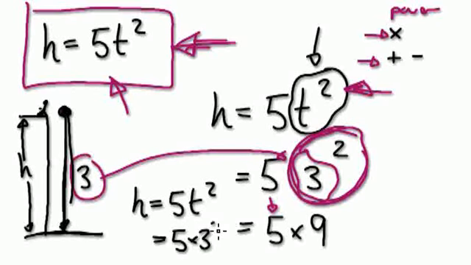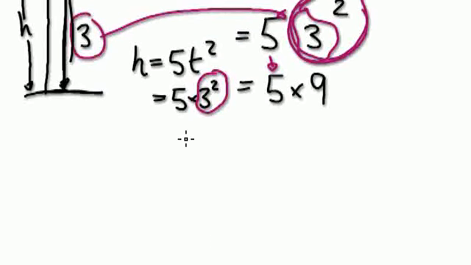Well, there's a times here, and then we've got to square the t. Can you see that? We're putting the 3 into the t. So now we've got to work out this bubble first, because powers is more important than multiplication. So we've got to work this out first. So here 3 squared is 9, because 3 squared means 3 times 3.